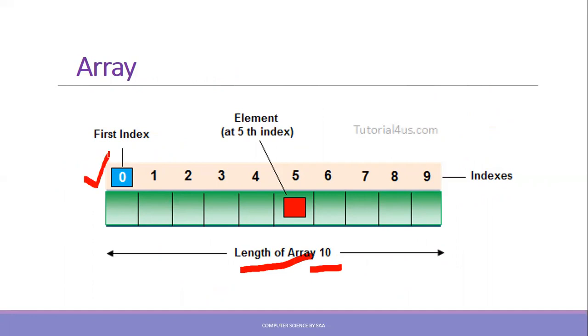The array index always starts with 0. As the length of this array is 10, starting from 0, the last index of this array is 9, and the values stored in the arrays are known as the elements of the array. For example, this is the fifth element of the array. So this is the diagrammatic representation of a 1D array, which contains only a single row.